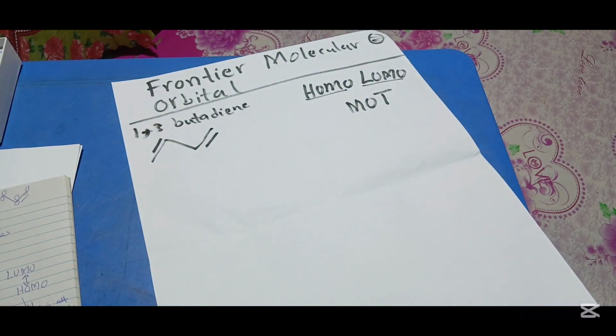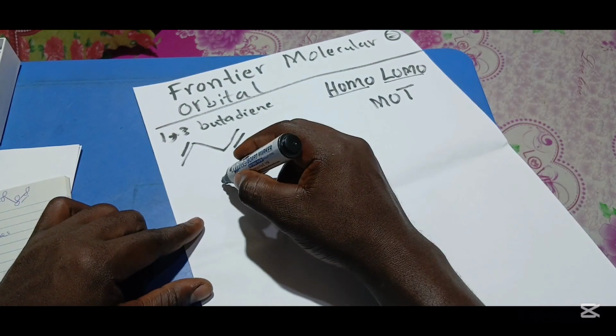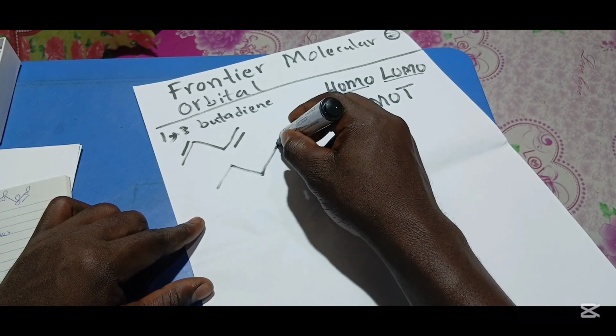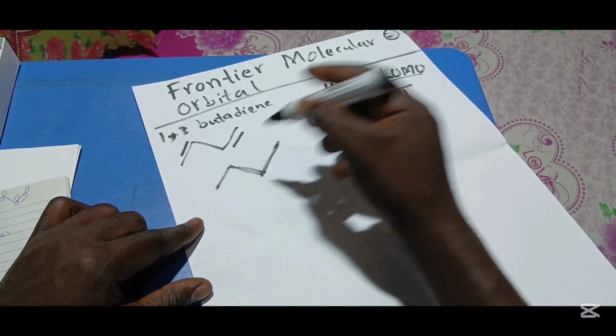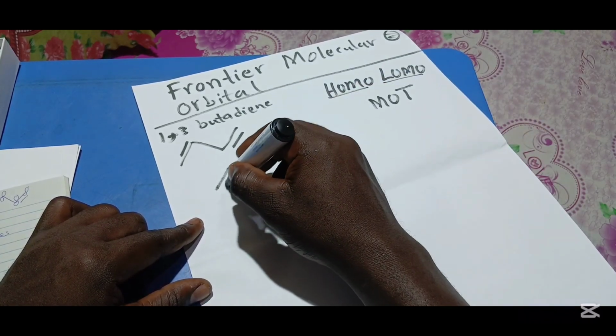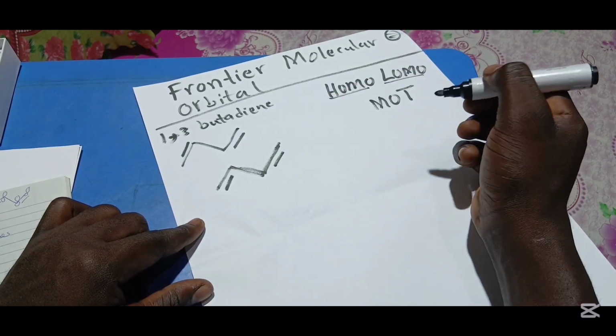We are going to draw the molecular orbital diagram for this molecule. How are you going to draw it? What you have to do is analyze your molecule very well. I prefer drawing the molecule again. This is the molecule, right? So we have a double bond here and a double bond here.